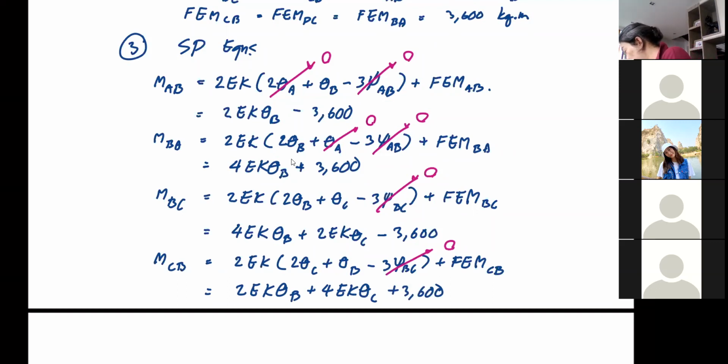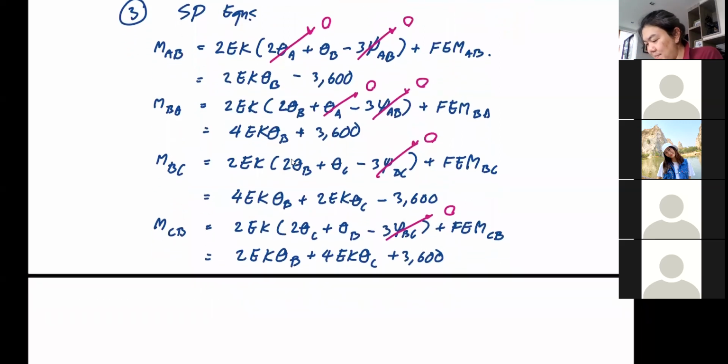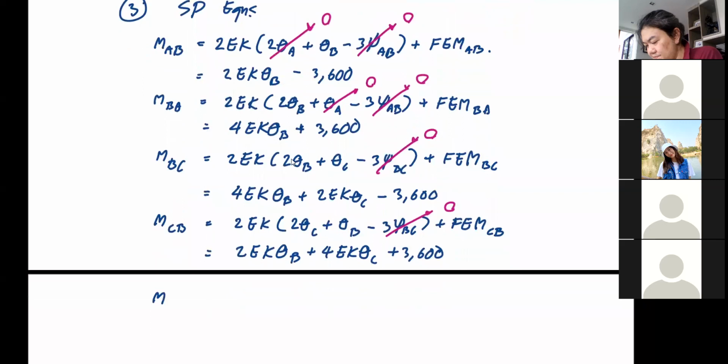If you do not wish to use symmetry, you're going to have to write MCD, which is going to be equal to the same. It's 2EK, 2 theta C plus theta D minus psi CD, plus FEMCD.